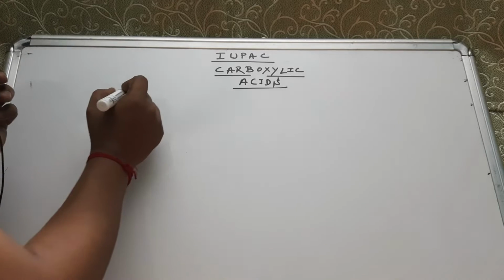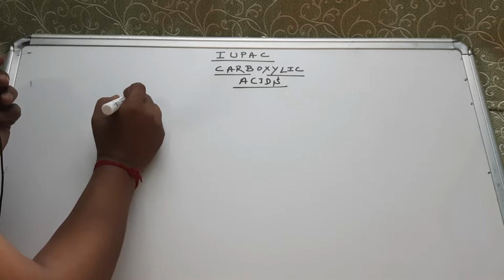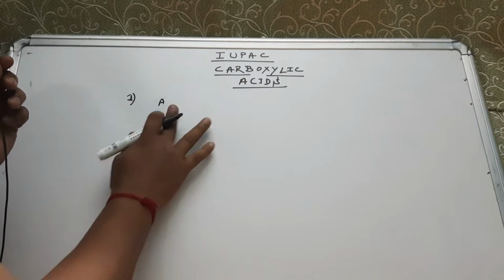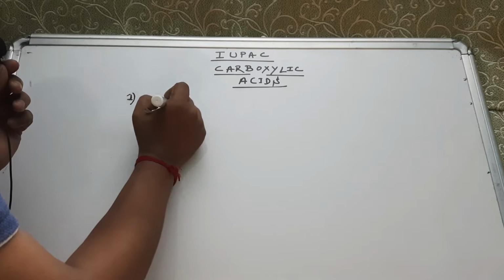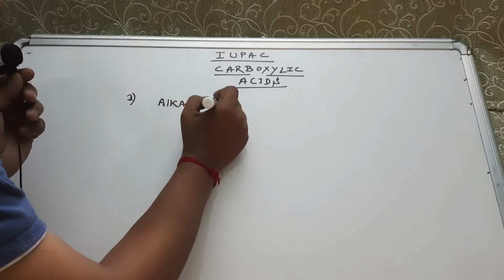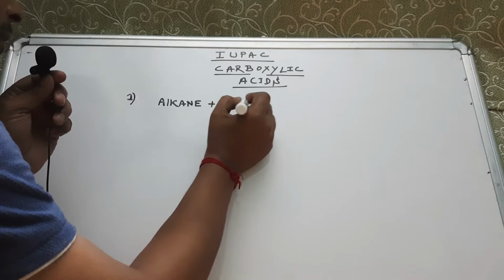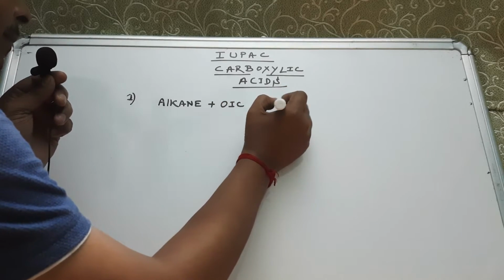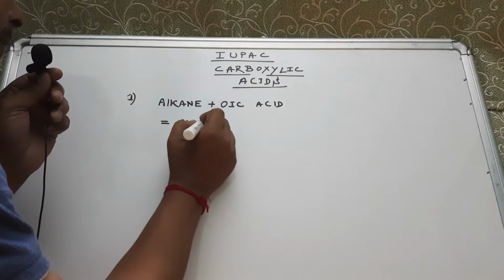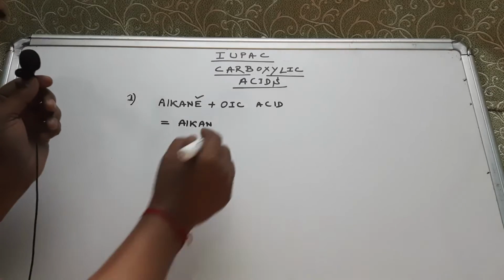What is the main procedure, the main formula of the IUPAC nomenclature of carboxylic acid? This is alkane plus oic acid, and after combination it will give alkanoic acid, and that E is to be omitted: alkanoic acid.